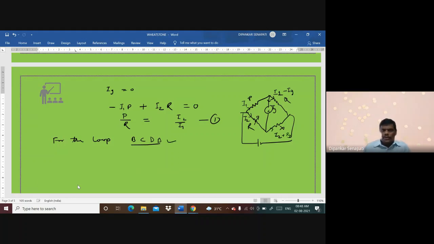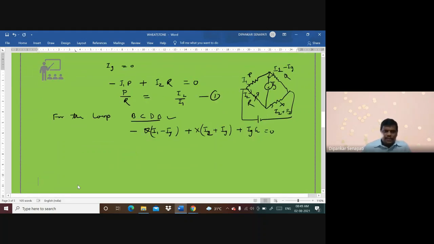For this loop, what you can write is: minus Q into I1 minus Ig, plus X into I2 plus Ig, plus Ig into G is equal to 0.